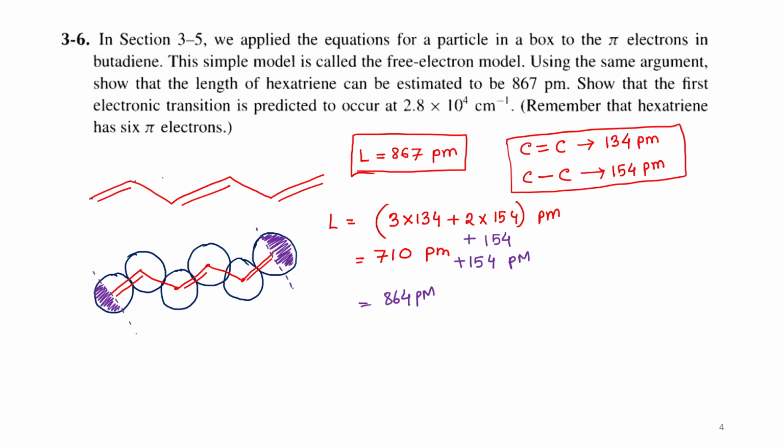Yes, it is. So when the bond length is not given directly, and only the bond distances are given, then you obviously need to add up the bond lengths, for however many double bonds and single bonds there are, and with that just check.